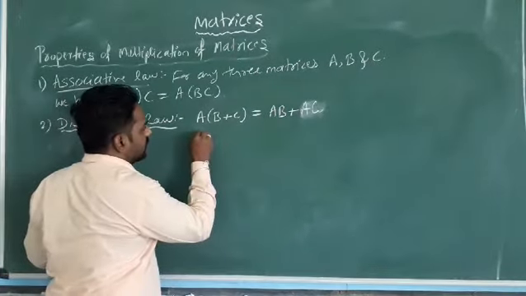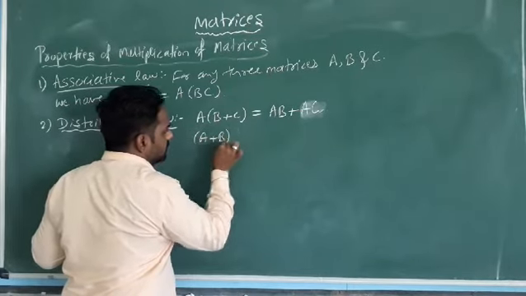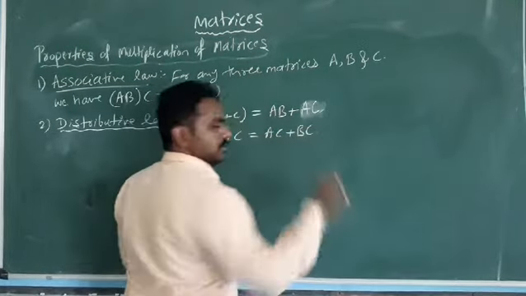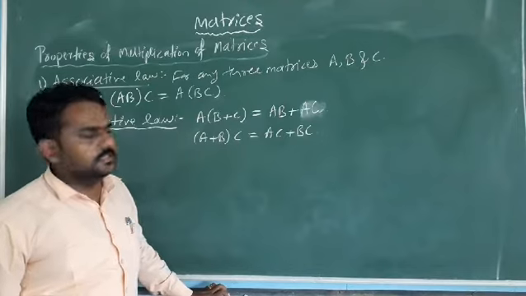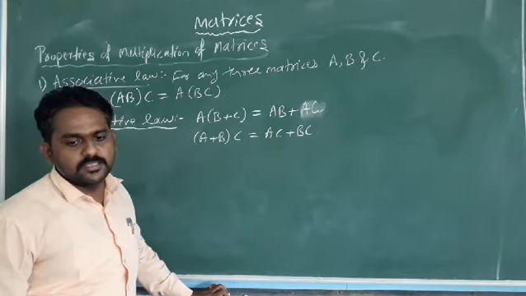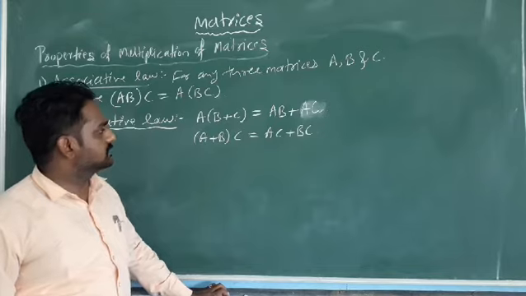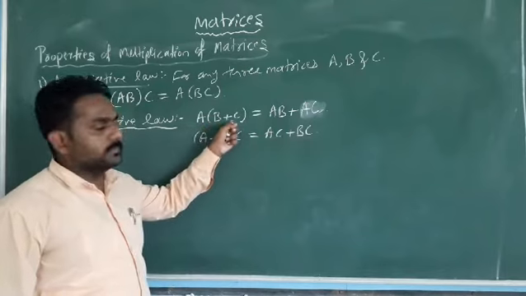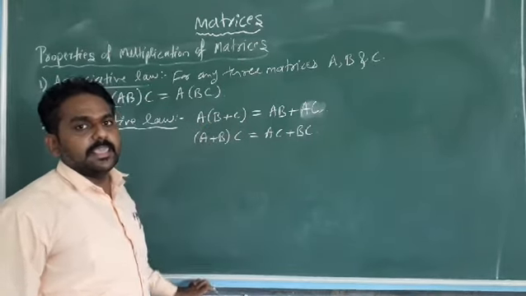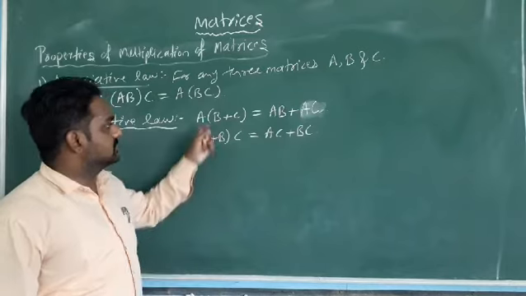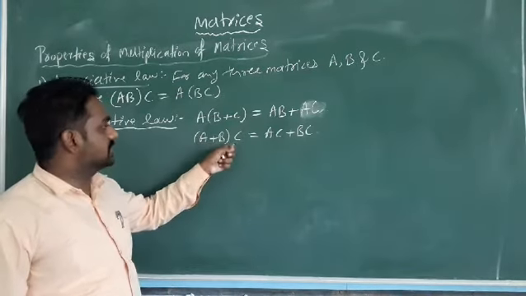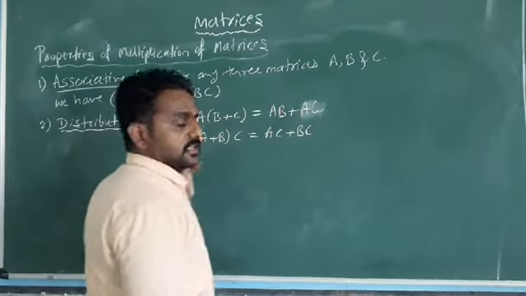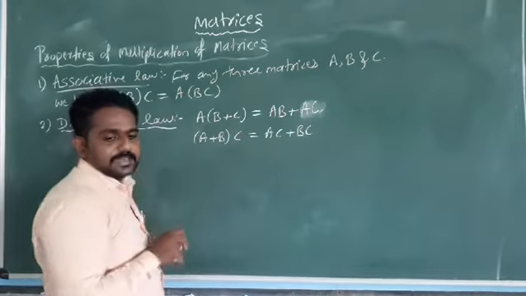And another one, (A plus B) into C is equal to AC plus BC. So A(B+C) = AB + AC is the left distributive law, and (A+B)C = AC + BC is the right distributive law, because in one we multiply A from the left, and here we multiply C from the right.